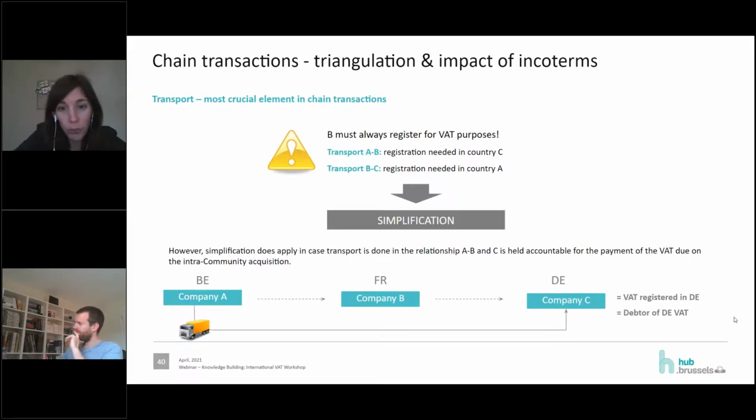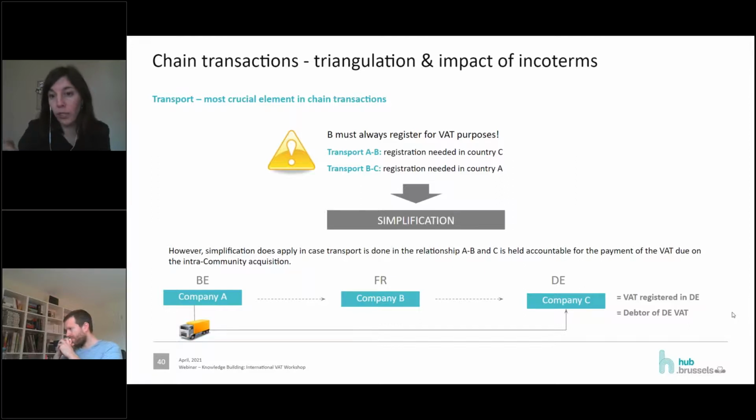In case the transport is done and allocated in the relationship A and B, and C is held accountable for the payment of the VAT due on the intracommunity acquisition, we can consider it as what we call the simplified triangulation, meaning that you will shift the VAT liability, the VAT reporting of the intracommunity acquisition, to the last company of the chain, so the German one.